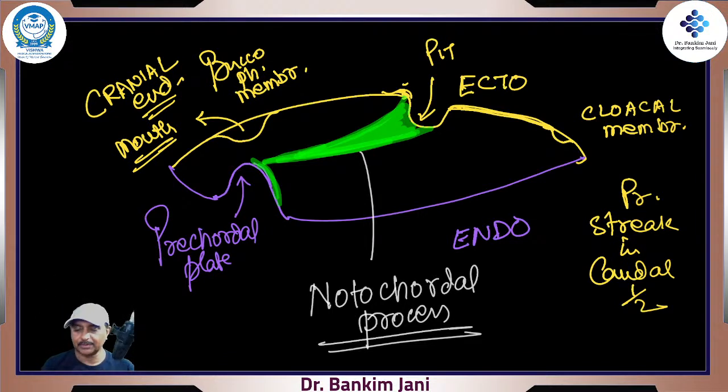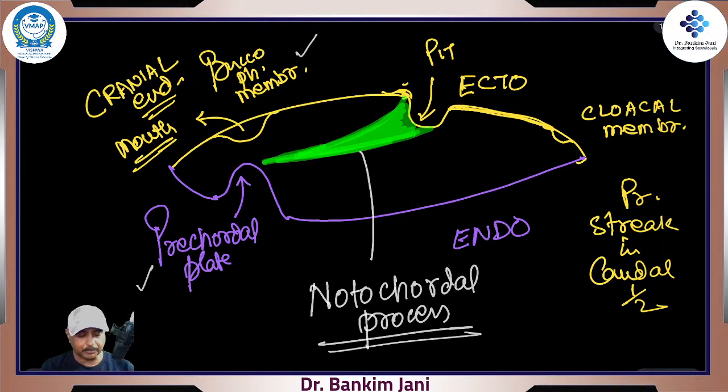Getting confused? Should not. Again, see, keep telling me if you have understood. All right, I'm repeating all the points. Buccopharyngeal membrane clear, right? If buccopharyngeal membrane clear, then just underneath the endoderm, that leads to formation of precaudal plate, just another depression, right? So this is clear.